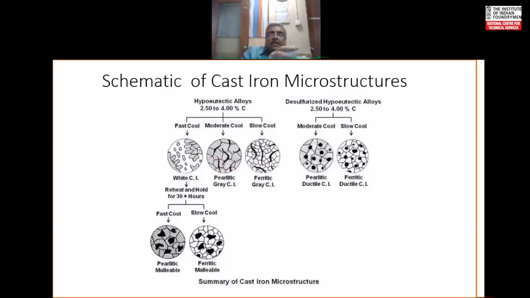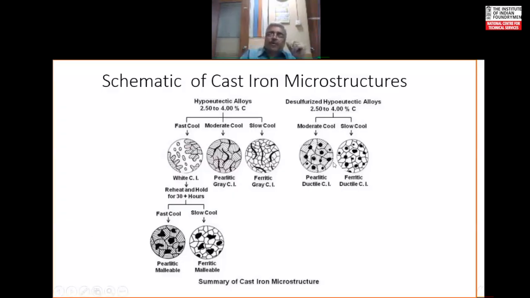Now, in the present days, instead of malleable iron, people have started producing what we call ductile iron, which is an American term, or spheroidal graphite iron, where you take the base iron, deliberately lower the sulfur levels, and do the treatment with magnesium. When solidification takes place, the carbon comes out in the form of nodules, as you can see.